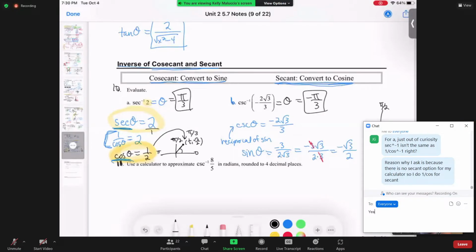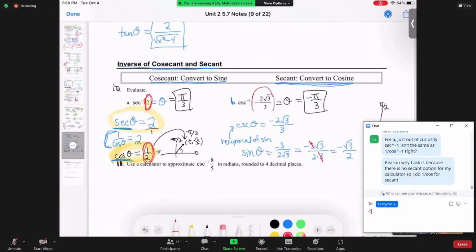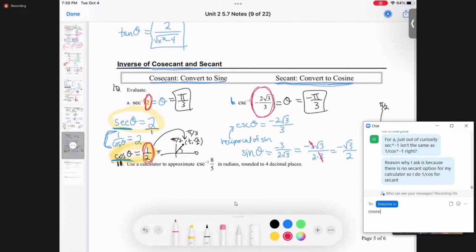So if you wanted to do this in your calculator, it's inverse cosine of, and you would take this number that's inside secant and just do the reciprocal, so 1/2. Or this guy here, you would do inverse sine of -3/2√3 if you did this in a calculator.